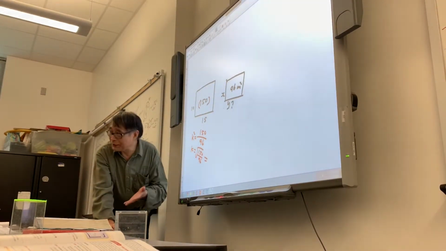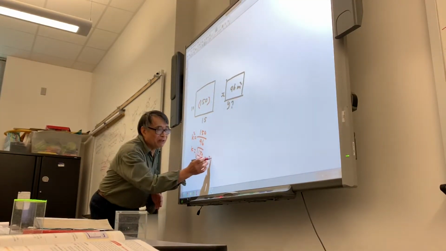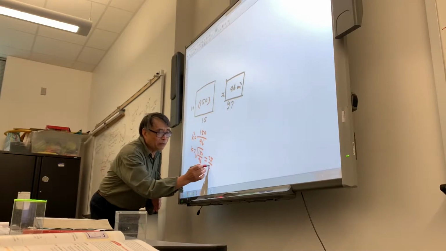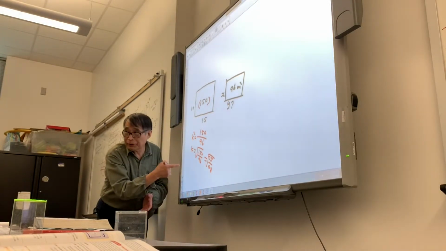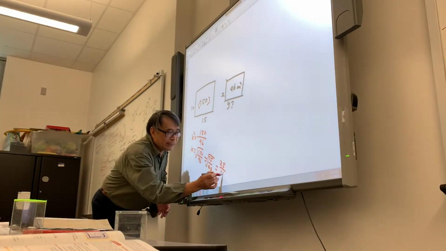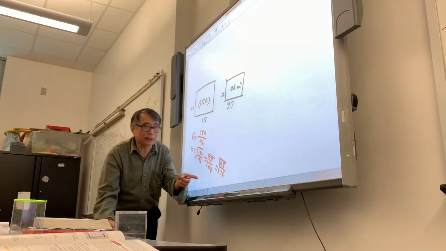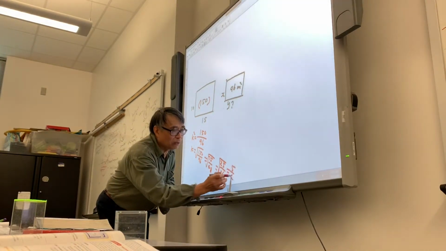For instance, my math is not good, so I reduce step by step. Divide by 2 is 75. Divide by 2 is 48. Do you understand, please? I divide by 3 is 25 over 16. Now those two numbers are perfect squares. You get 5 over 4.